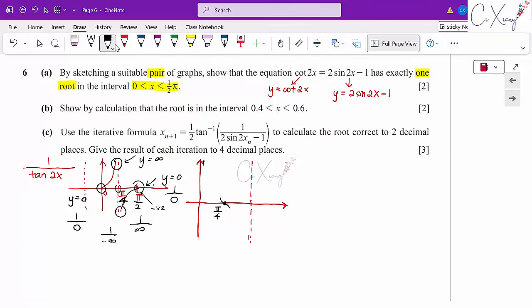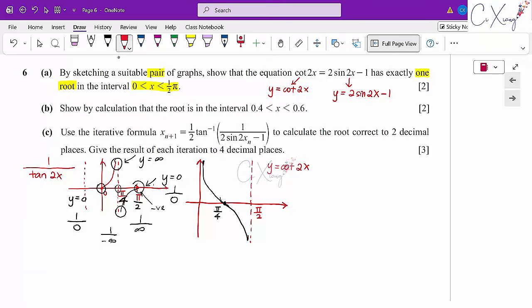So if you join all the small details that we figured out just now, this is how your graph looks for 1 over tangent 2x, or we can call it y equals cotangent 2x.